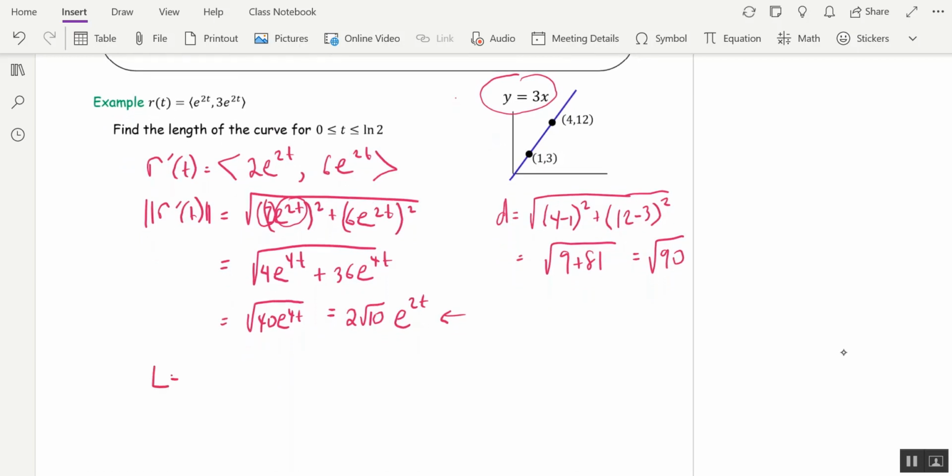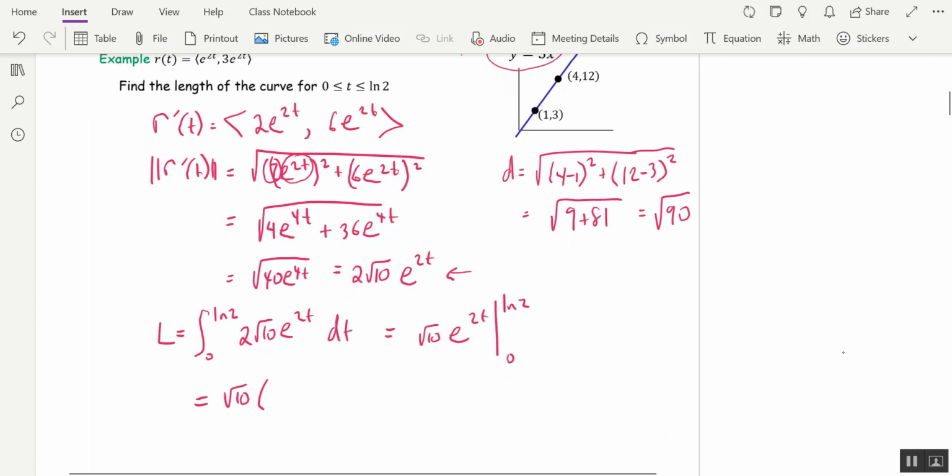So the arc length is the integral from 0 to ln2 of 2 root 10 e to the 2t dt. When we integrate, that 2 goes out, and we get root 10 e to the 2t between 0 and ln2. Moving over here, that's root 10, factor that out, and then we've got e to the 2 ln2 minus e to the 0.